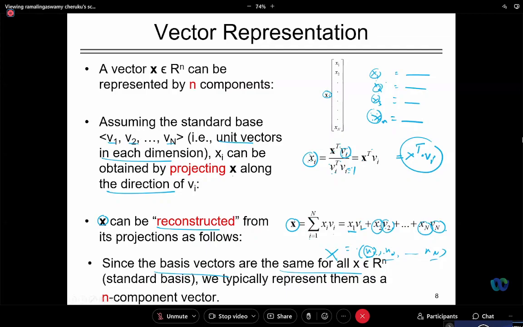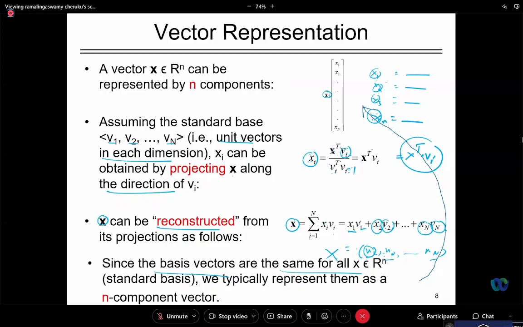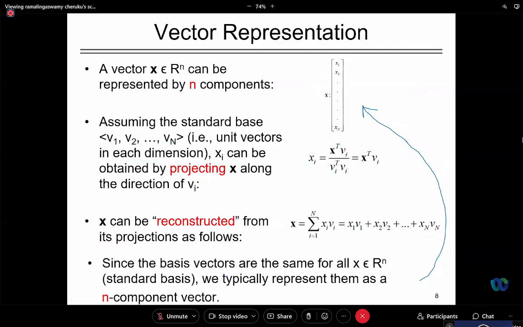So x1, x2, x3 can be written as an n component vector, which is nothing but x1 v1 plus x2 v2 and so on up to xn vn.